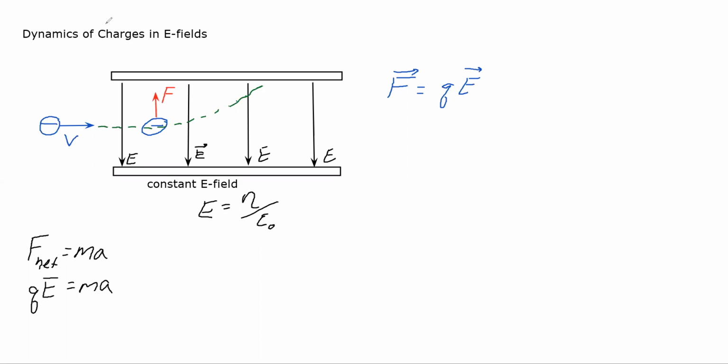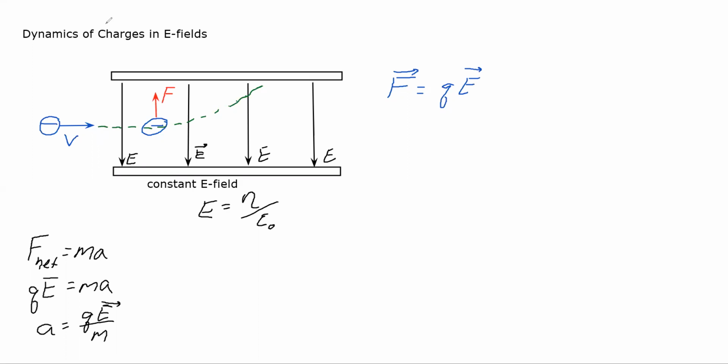All right, and we solve for this. a equals QE over m. You just have to be careful because if you think about vectors here, you might put a negative there, or I guess the negative is in the Q. So we don't have to put that there. Just Q would be negative.